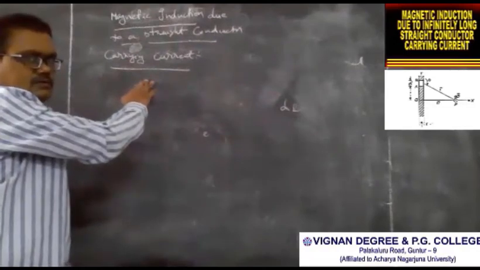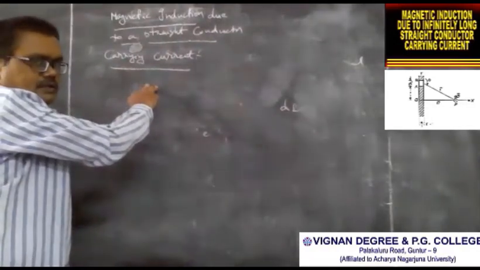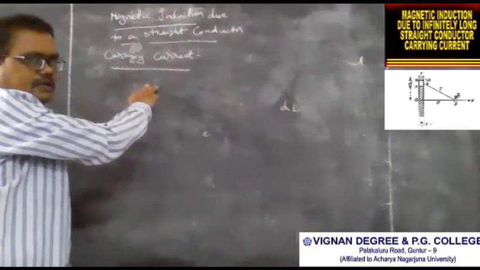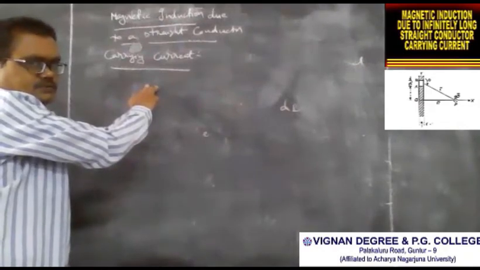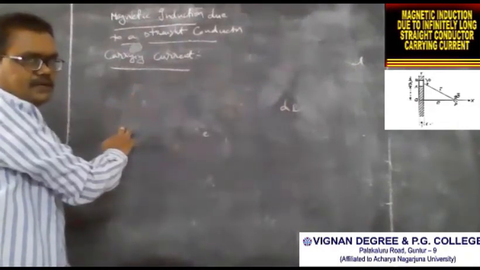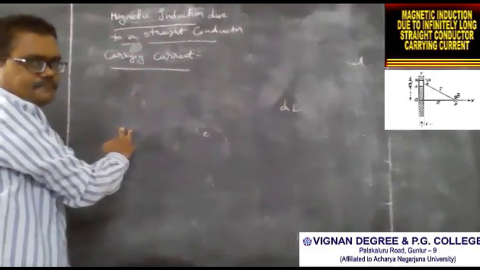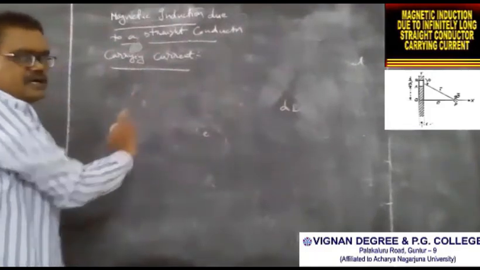Here we have to find a magnetic induction at a point from a straight conductor which carries a current I.